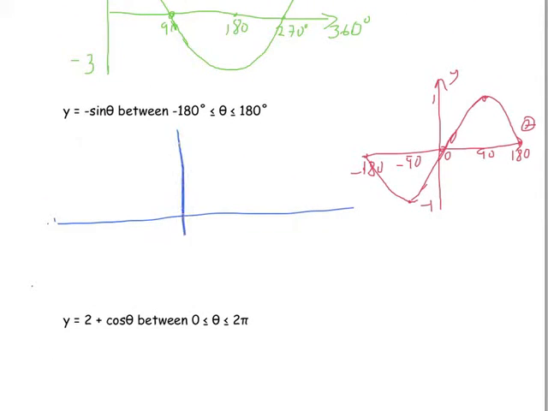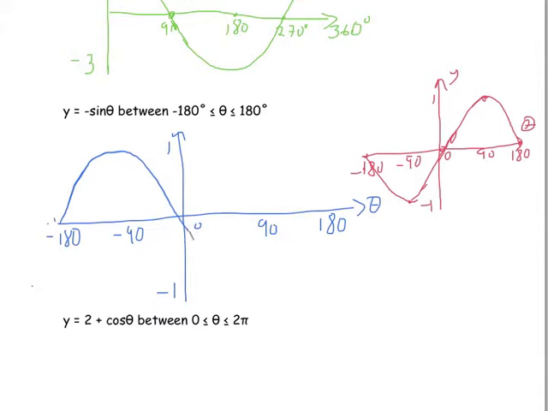So it's going to go between 1 and -1, with -180, -90, 0, 90 and 180 on the axis, and there's my thetas. So remember, it's our original graph reflected in the theta axis. So this time it's going to go like this. Of course it should just cross there.